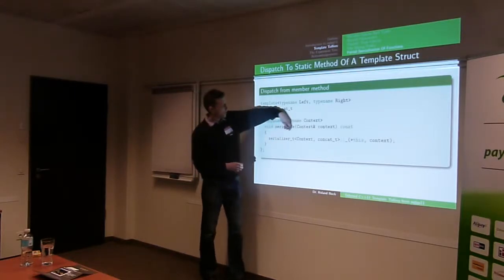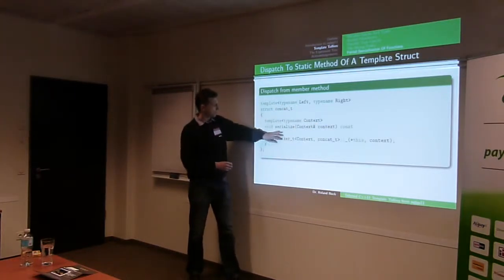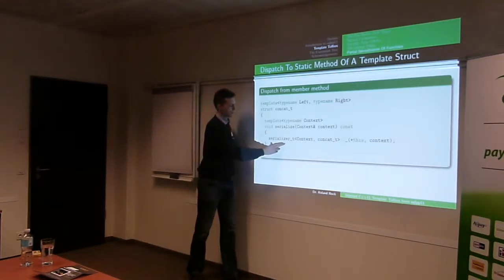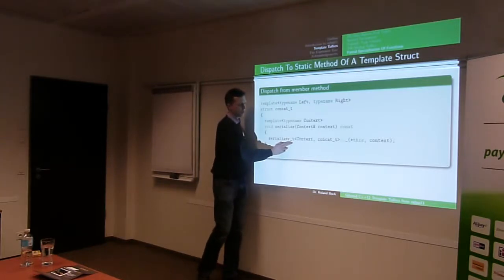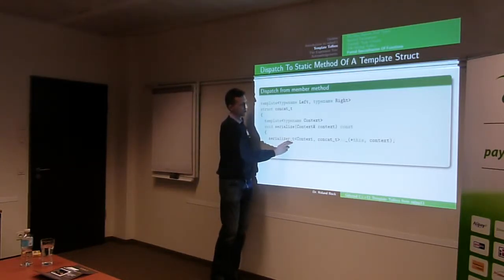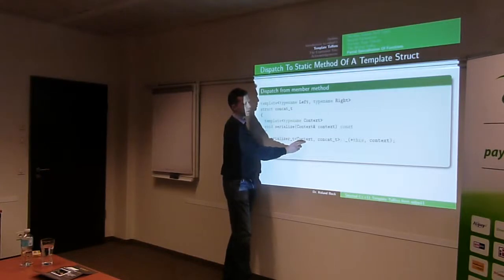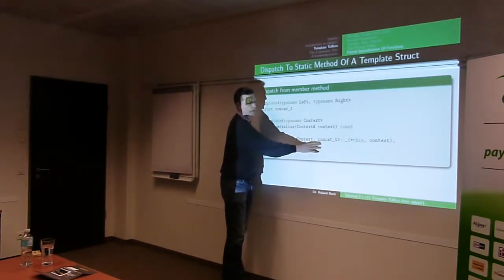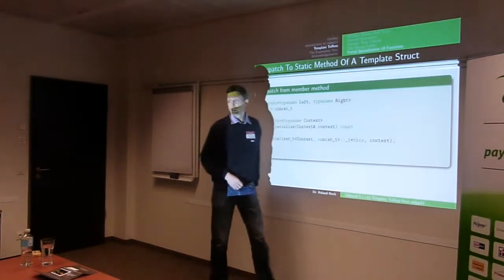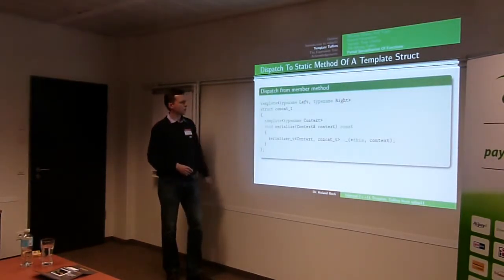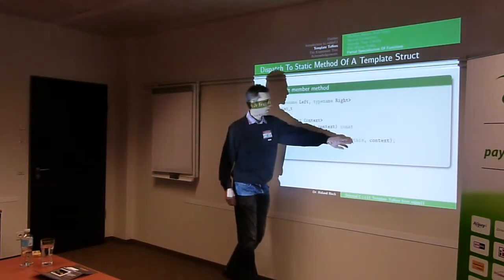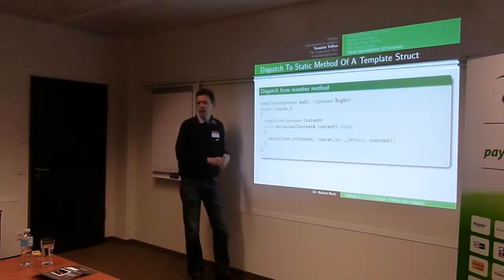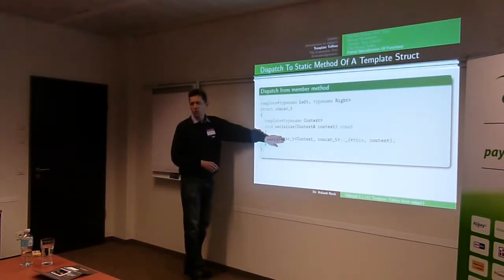So instead of having a meaningful body here, we just dispatch to a serializer template, which takes the context argument and the concat struct as template arguments, and just hands over the context object and the concat object, and lets this thing do whatever it's required to do.